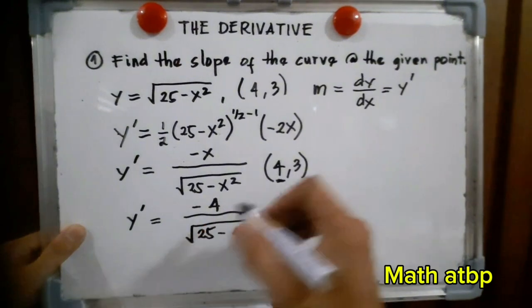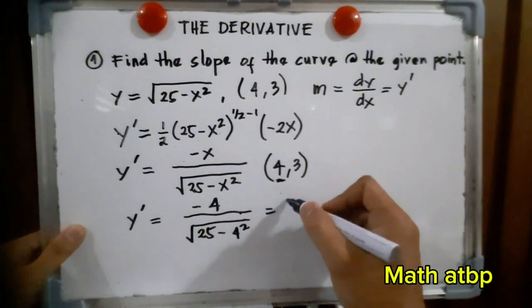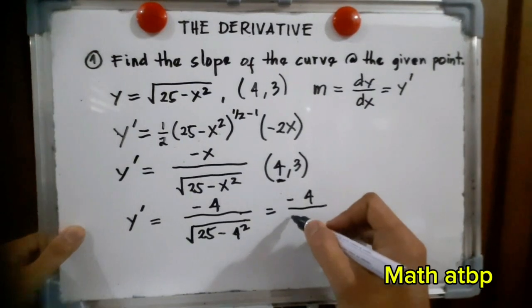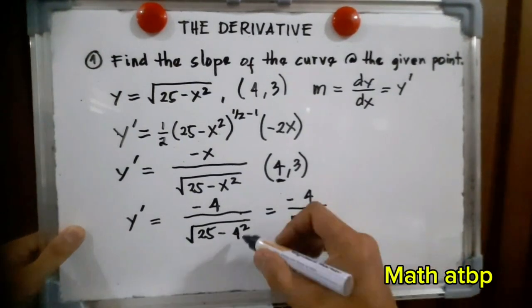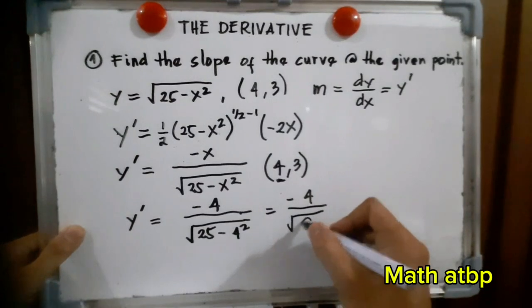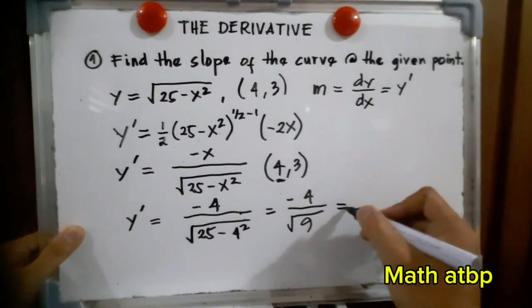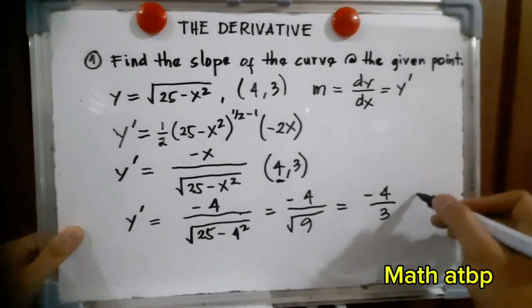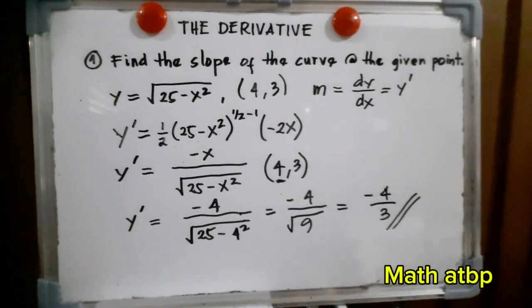This is equal to negative 4 over the square root of, 4 times 4 is 16, 25 minus 16 is 9. So this is equal to negative 4/3. Did you get it? Thank you.